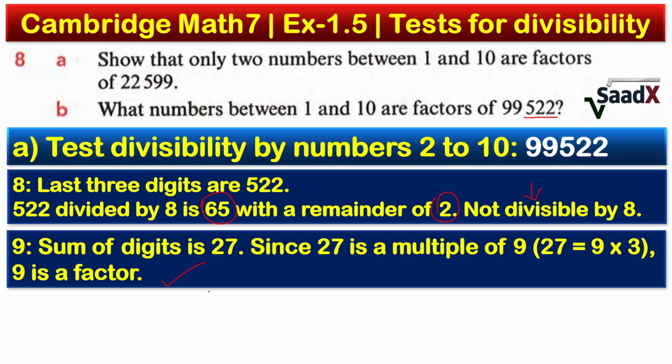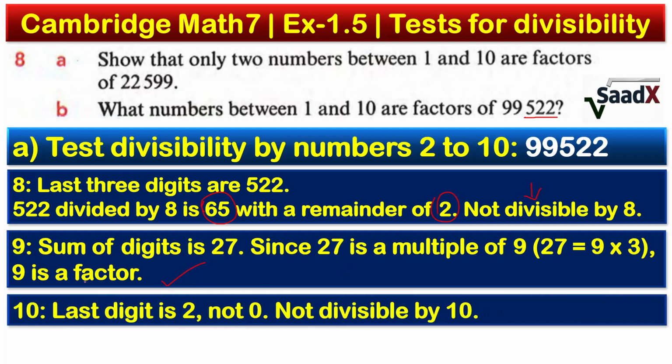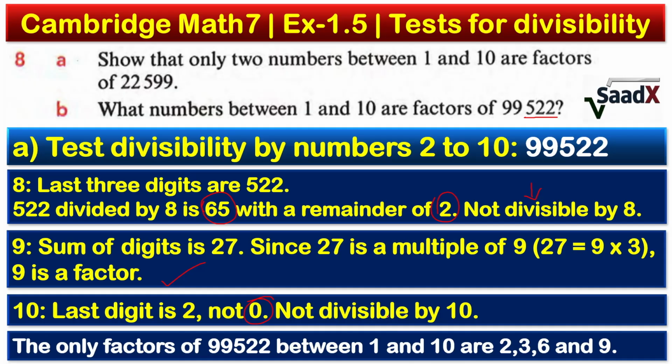Therefore, 9 is a factor. And for 10, the last digit is 2, not 0, so it's not divisible by 10. So finally we can say the only factors of 99,522 between 1 and 10 are 2, 3, 6, 9.